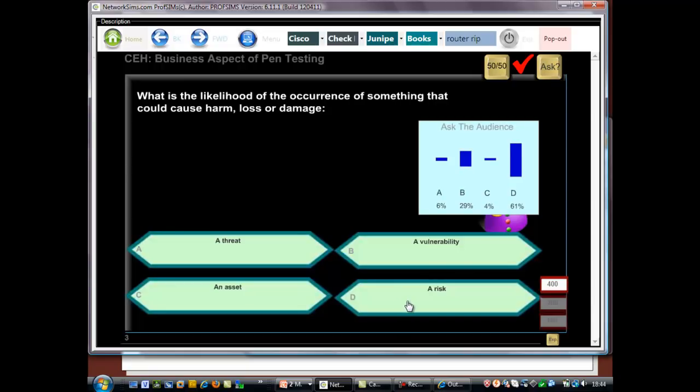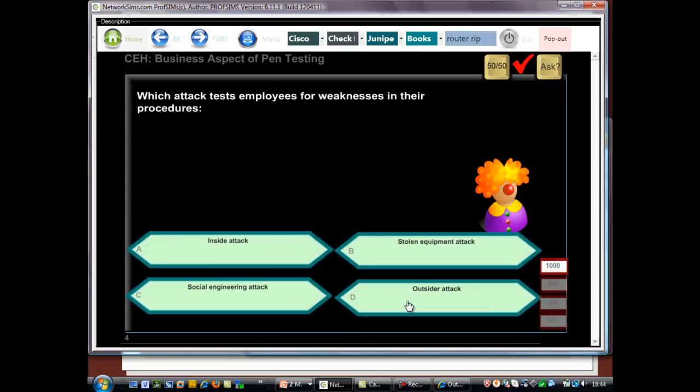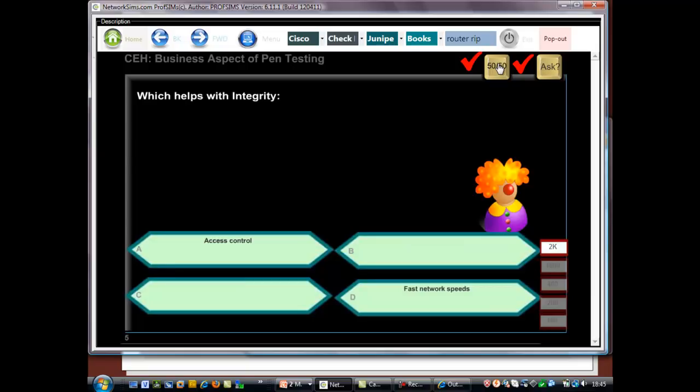It looks like the audience are telling us that that is a risk. And they were correct. Which attack tests employees for weaknesses in the procedures? That sounds like a social engineering attack. What helps with integrity? Let's take 50-50 here, and it looks like it's access control.